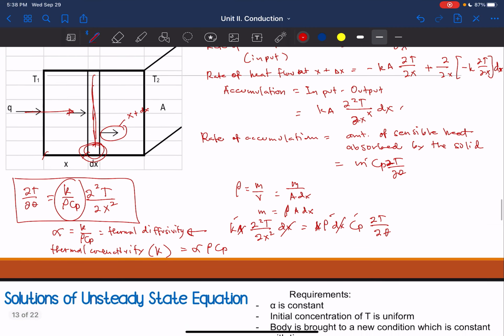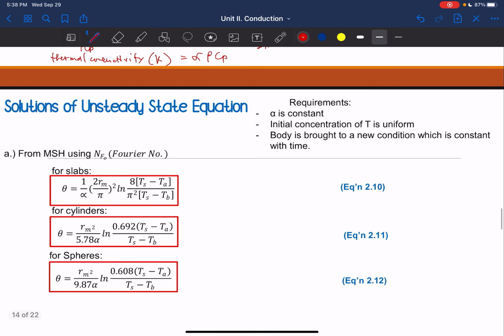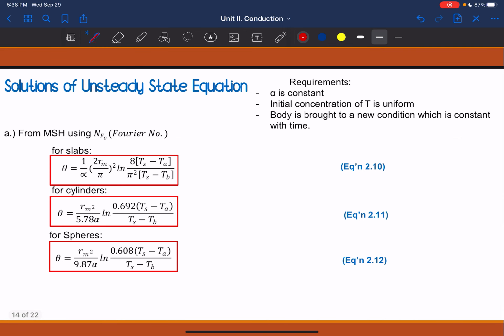So, different solutions for unsteady state equation. You have requirements. One is your thermal diffusivity must be constant, or your alpha must be constant. Second is that initial concentration of T must be uniform, and that the body should be brought into a new condition which is constant with time.